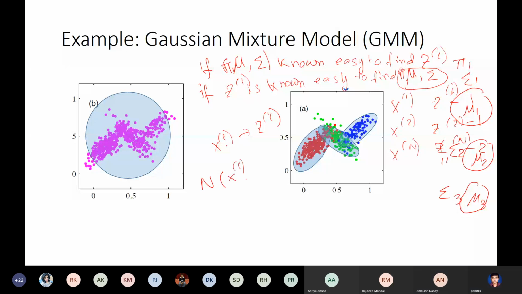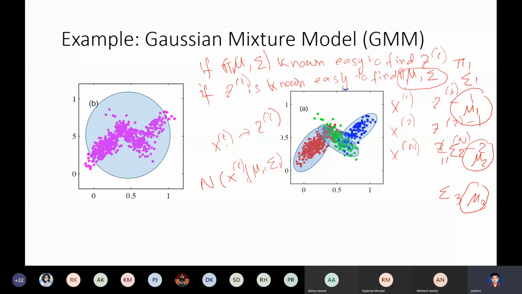Sorry, very good point, I missed that. But as pi is a parameter, it's not a latent variable. Yes, pi is a parameter.